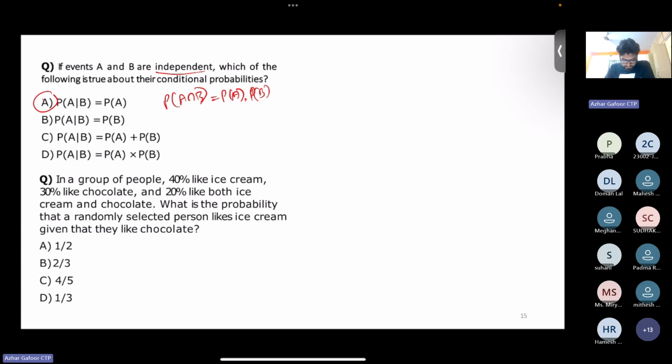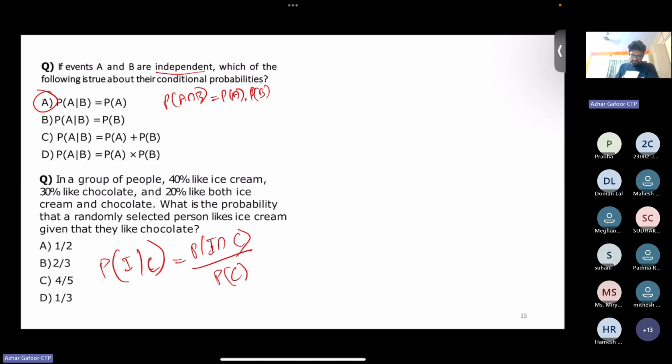And the second question? Let's try to formulate it. The probability that a randomly chosen person likes ice cream, given that they like chocolate. So the equation will be P of I intersection C divided by P of C, right?